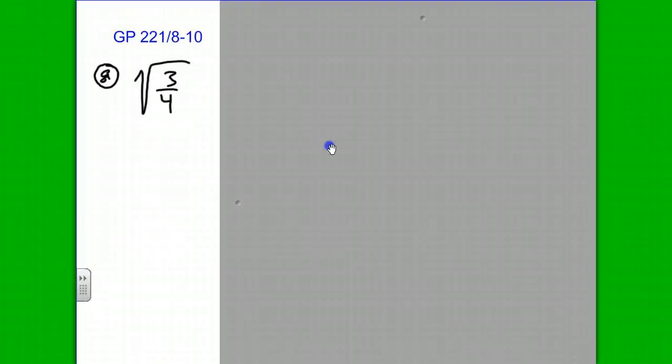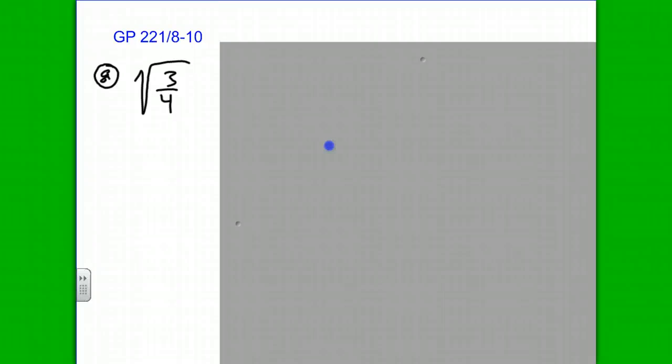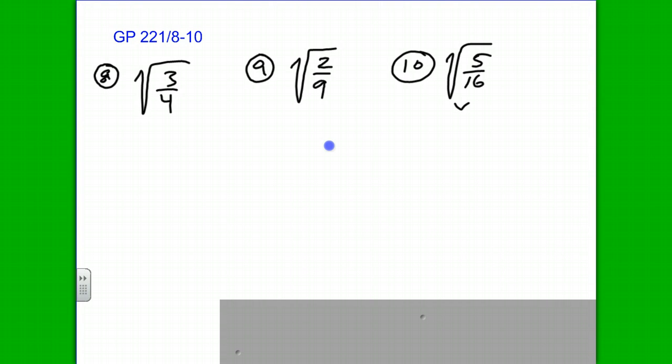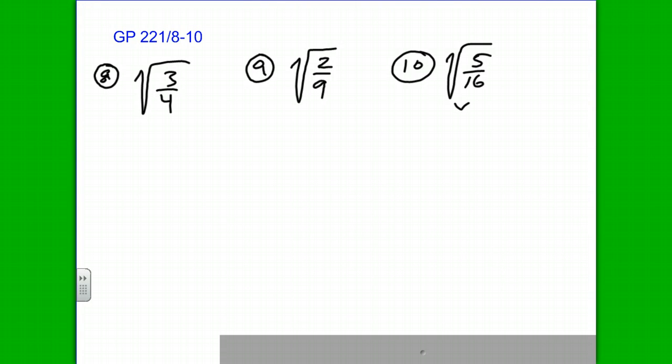Okay, let's try this. Let's try simplifying these radicals that are fractions. And I'm going to bring up some volunteers to do this. Go straight down, please, because we need to save room.